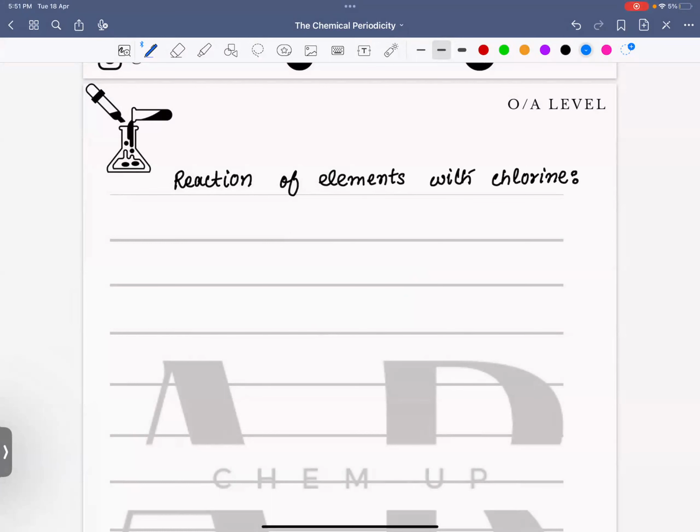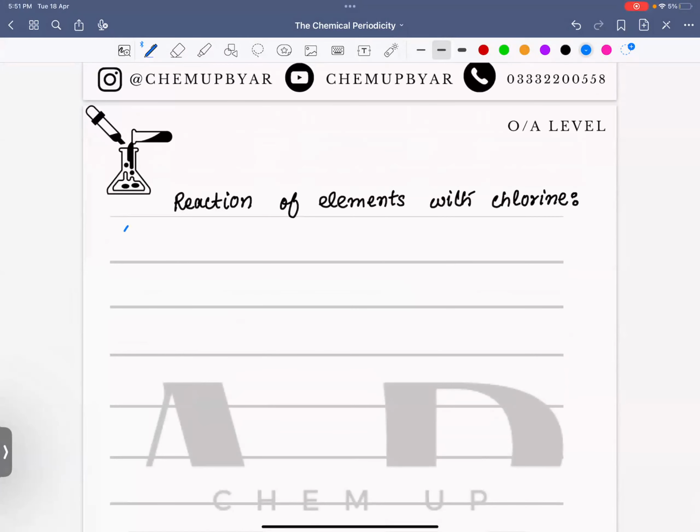In these reactions, how we perform them is that dry chlorine is passed over the heated element. Okay.